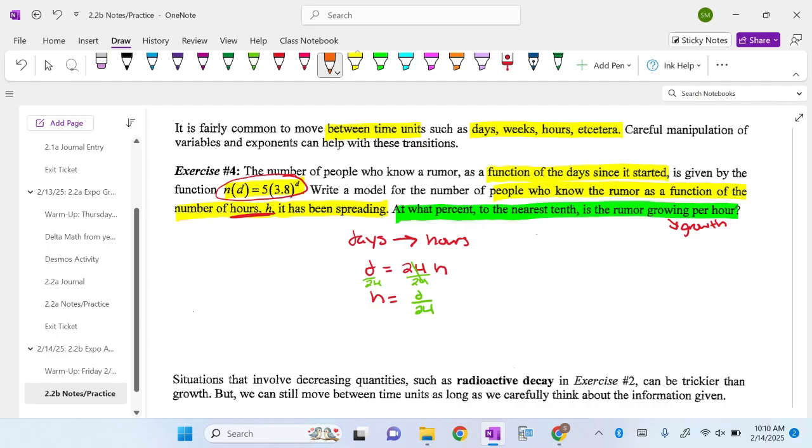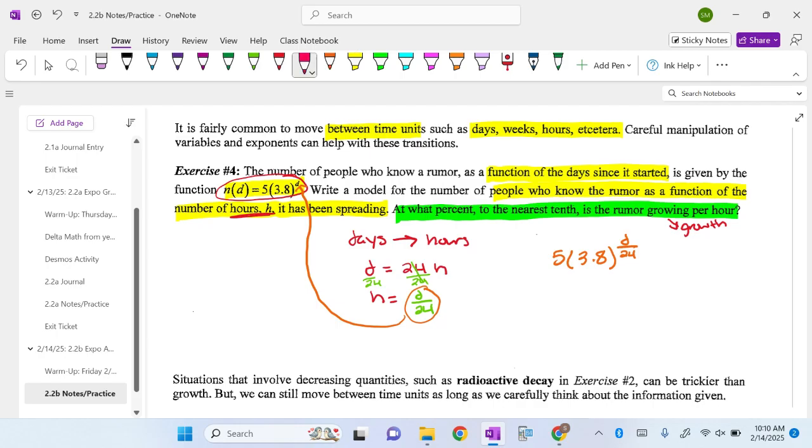So then we're going to take this and plug it in for the D here. So we have 5 times 3.8 all raised to the D over 24. Now, they want this in terms of 1 hour. I want to be able to say that 1 hour has happened.